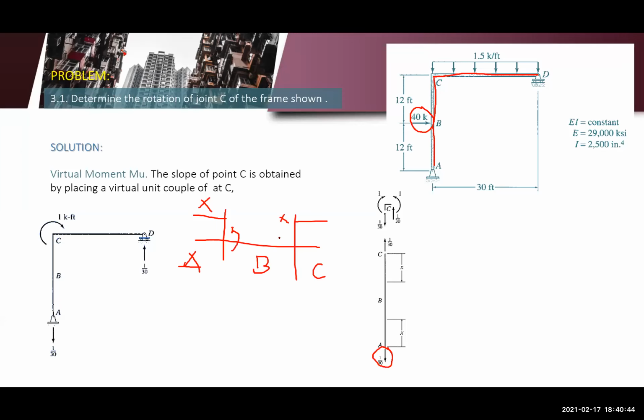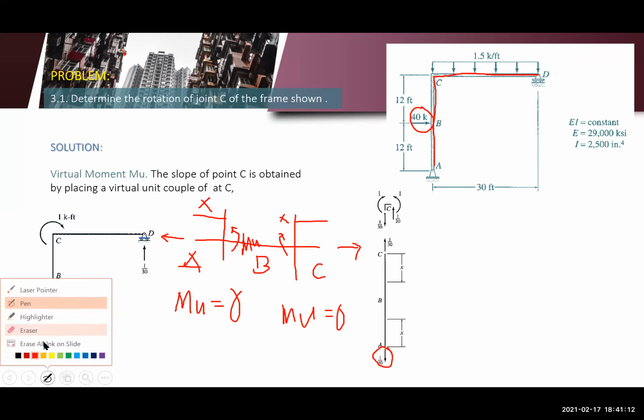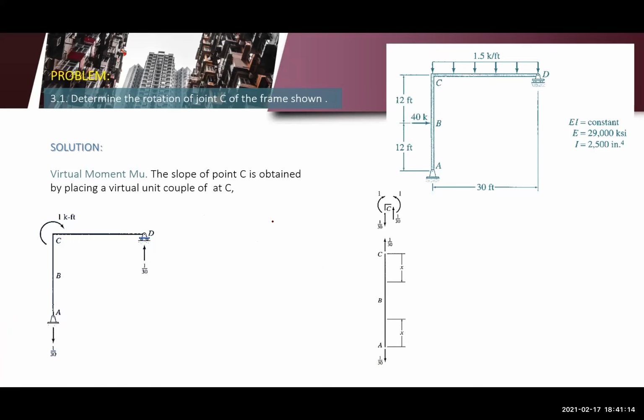Now, if you notice, ang forces na present is an axial force. Wala tayong perpendicular sa member. So, ang MU mo is equal to ilan? May makukuha ka bang moment? Wala kasi axial force. So, 0.